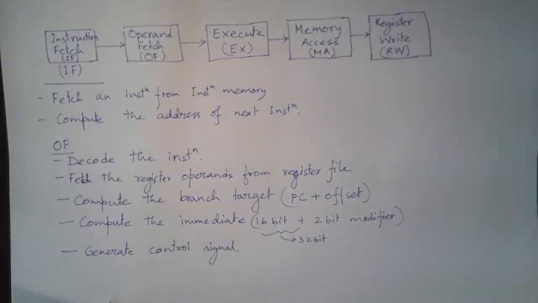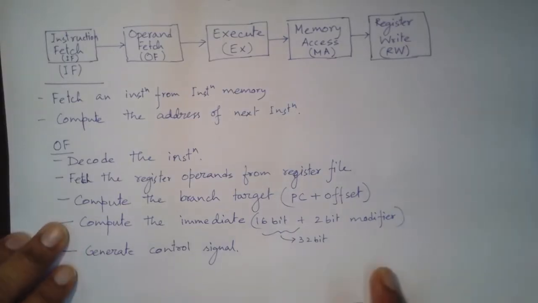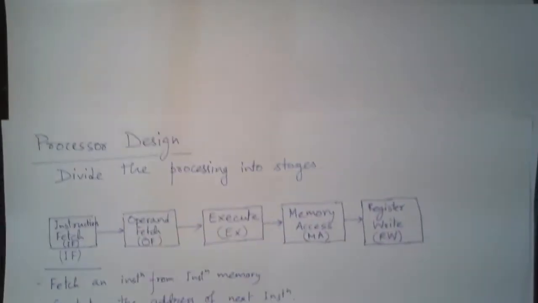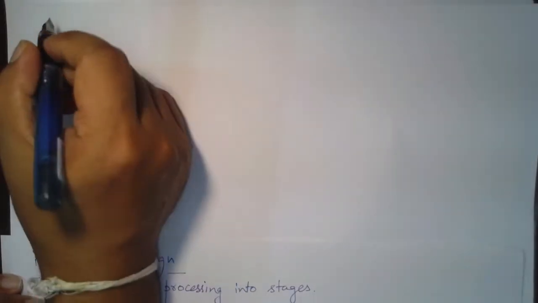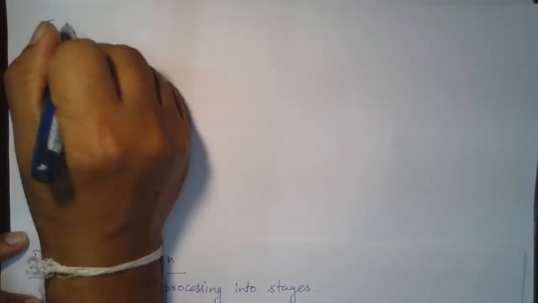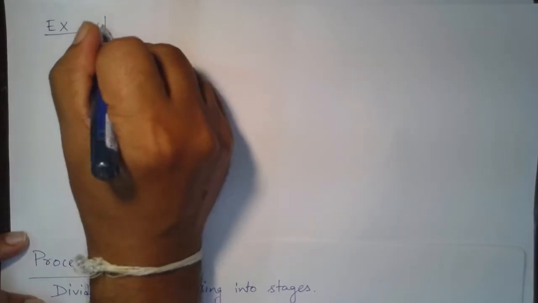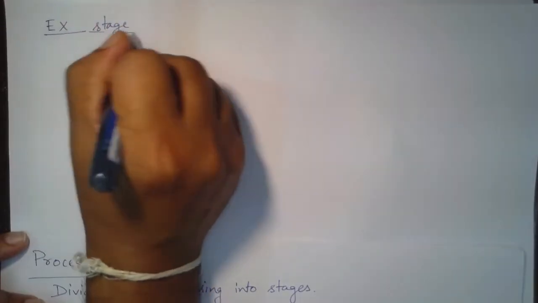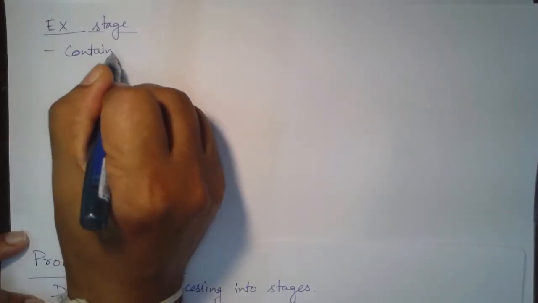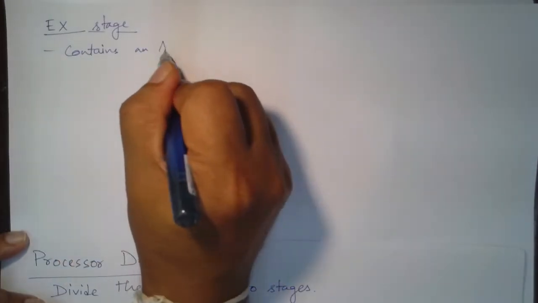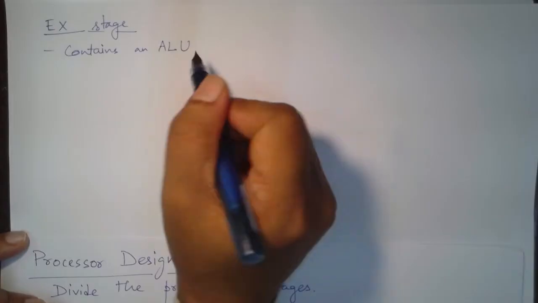Now the next stage is the execution stage, which, as we can intuitively understand, contains the ALU, the arithmetic and logic unit.